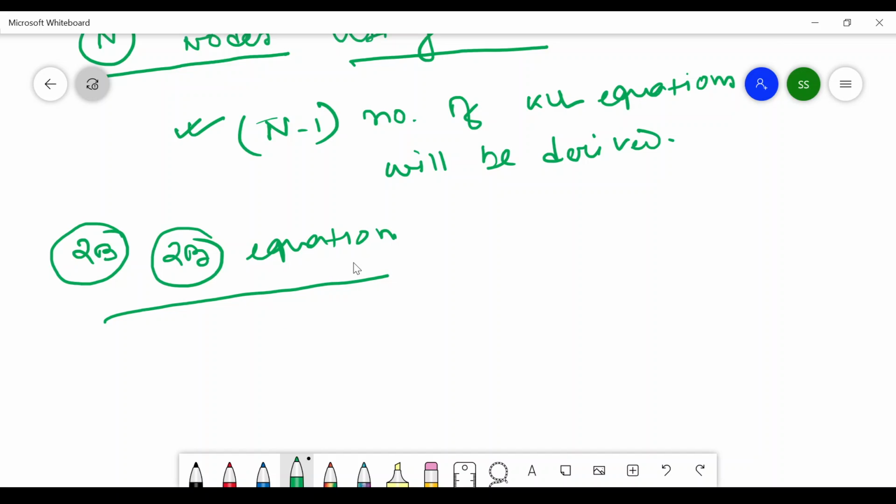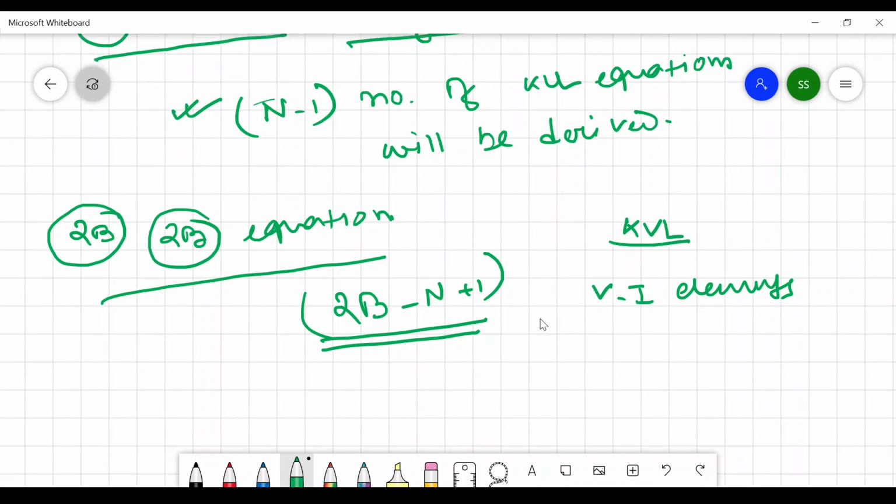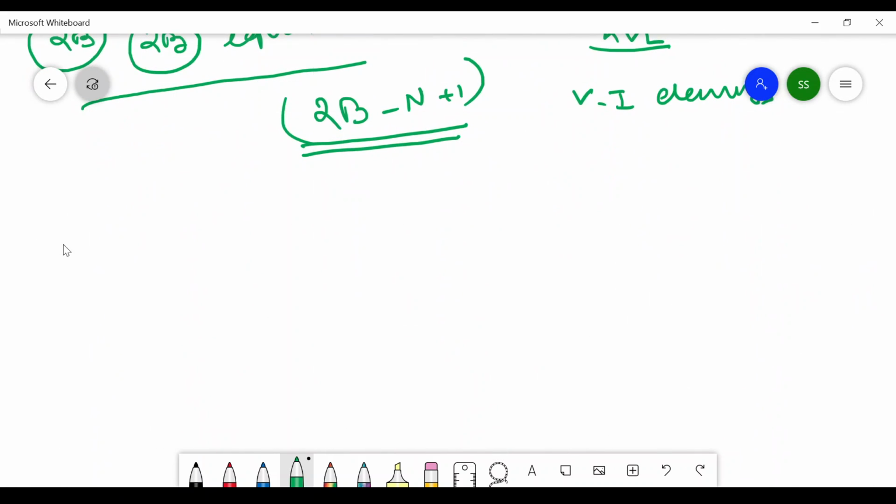So how many equations are still remaining? 2b minus n plus 1 equations are still to be found. So what other tools do we have? KVL and the VI characteristics of the elements. From VI characteristics we get another b equations.